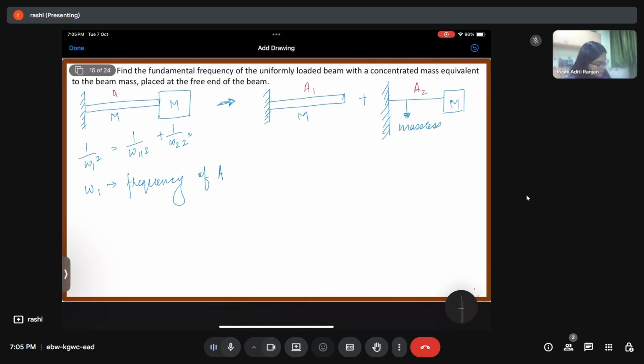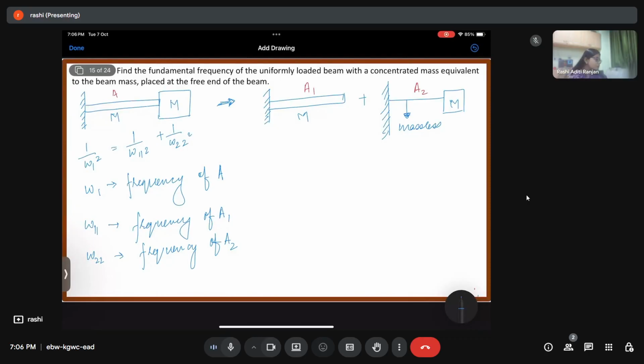So this is the frequency of A. Omega 11 is the frequency of A1. Omega 22 is the frequency of A2.